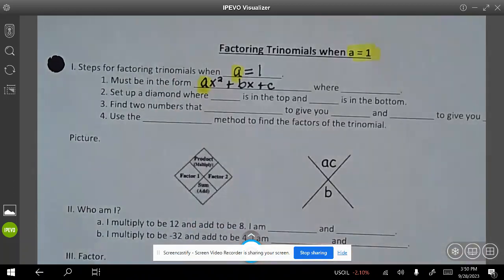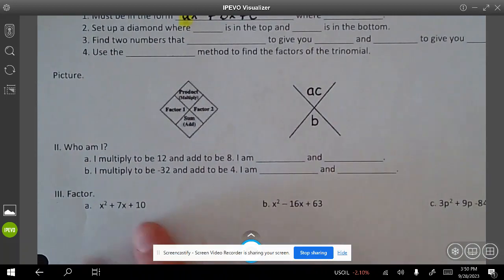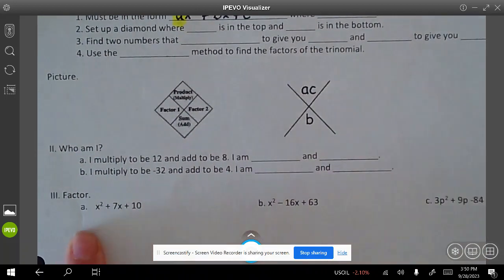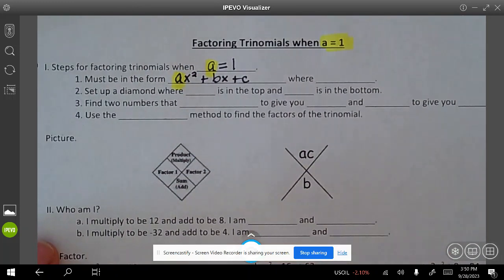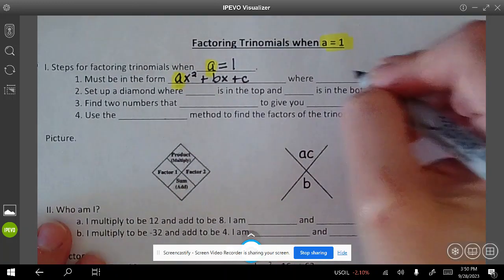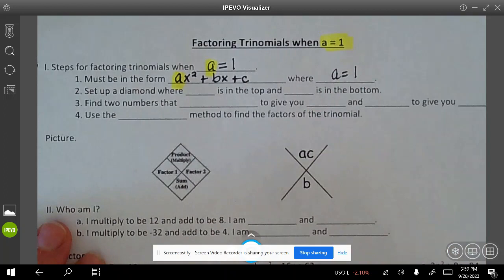If I look down here at this problem, my a here, since nothing is there, remember, if there's nothing in front of a variable, then we say that number is 1. So this has a of 1. This one does. This one does not. We're going to talk about that in a little bit, okay? So it must be in the form ax squared plus bx plus c, where a equals 1.